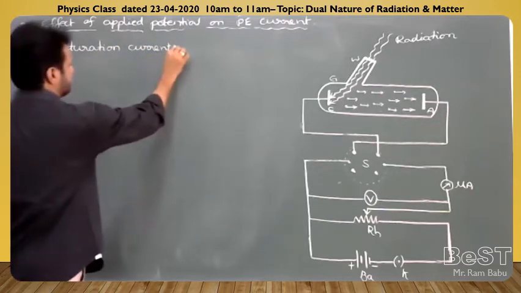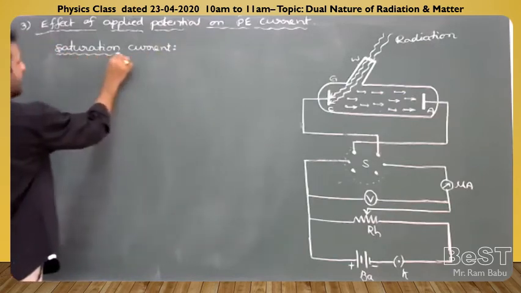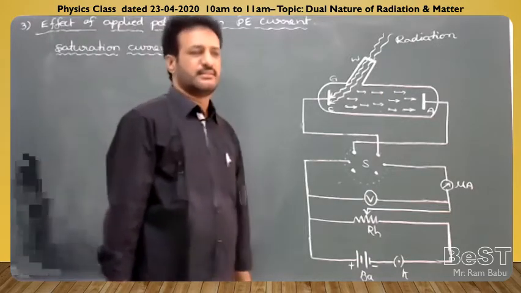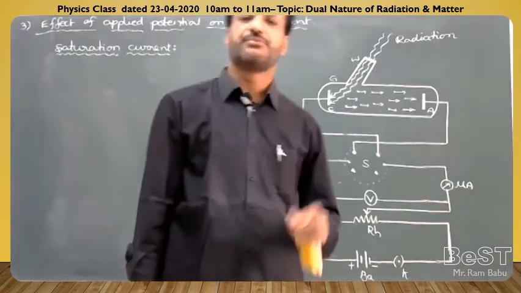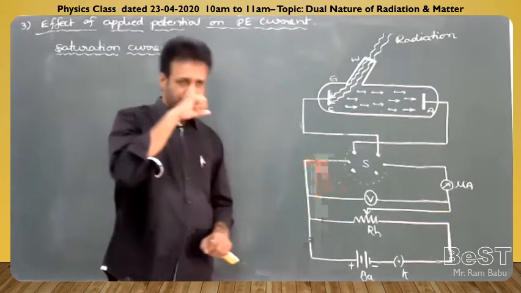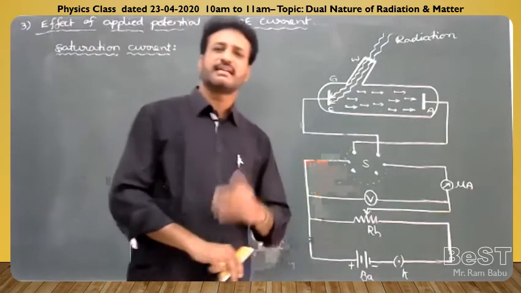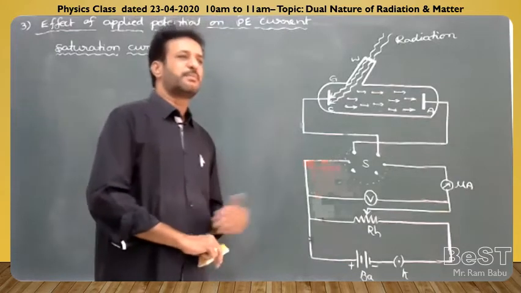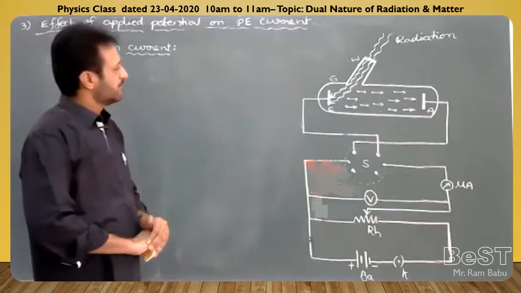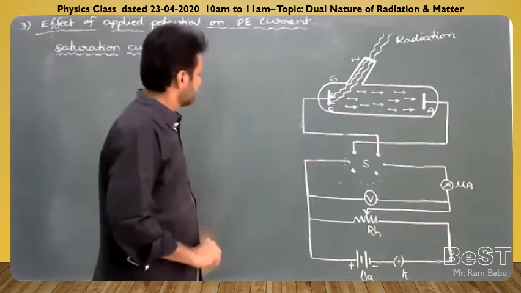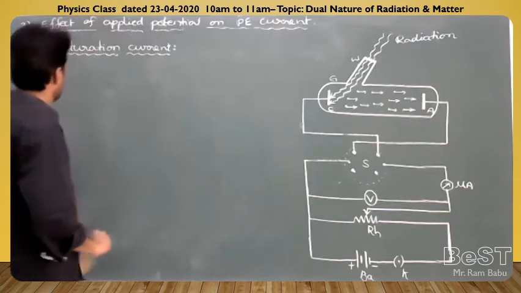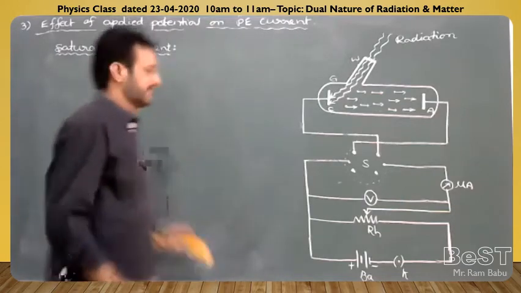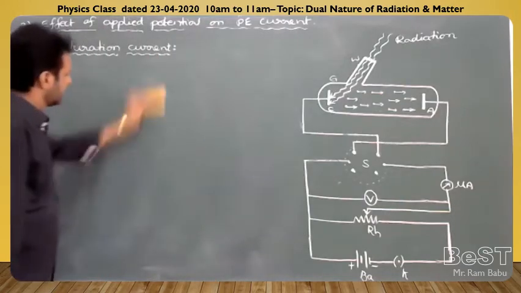Saturation current is the maximum value of the photoelectric current at a particular positive potential of the anode. The maximum value of the photoelectric current at a particular positive potential of anode is called saturation current.